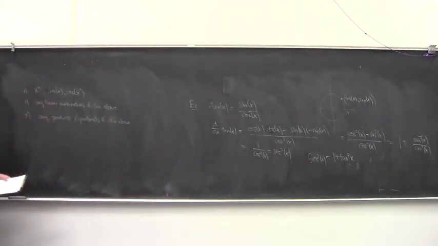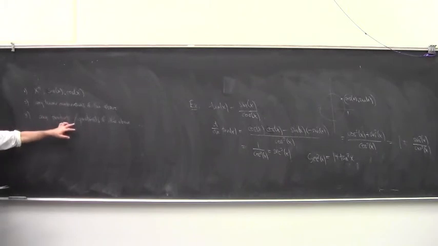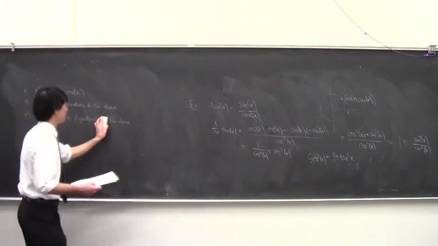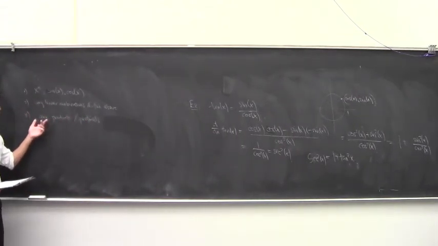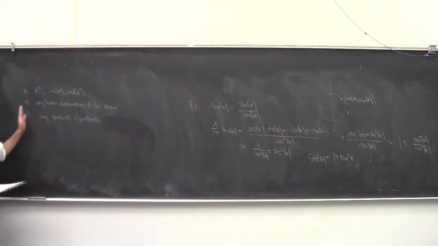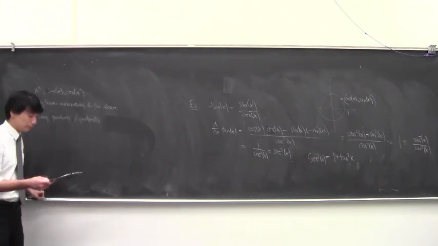And you can take products and quotients and linear combinations of products and quotients, so basically not just of the above, but of themselves as well. So any products and quotients. Now your repertoire has increased considerably, thanks to these two rules.